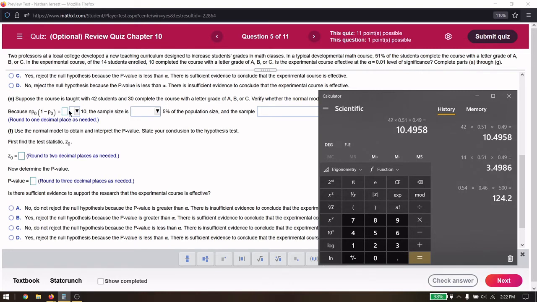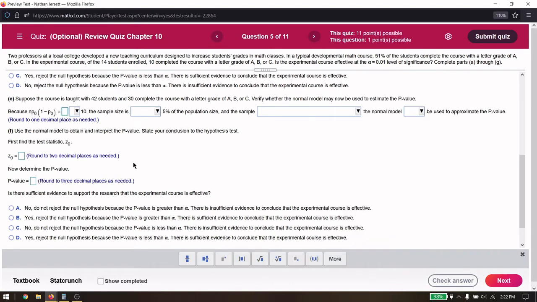That's going to be one place, so 10.5. That is greater than 10. So the sample size is definitely less than 5% of the population of all the students taking math classes.